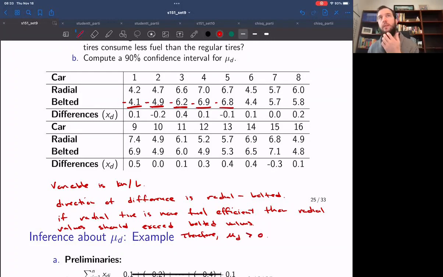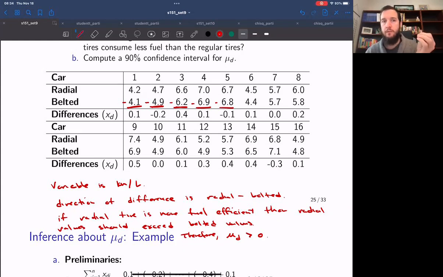Okay, this is the part that usually trips students up the most because I think they just have a hard time understanding why the direction matters and how this influences the hypothesis test. So in this situation, we're measuring fuel efficiency, but we're measuring it in kilometers per liter. So the raw data values are telling us how far the car travels per liter of gas. So the more fuel efficient tire is going to travel further per liter of gas.